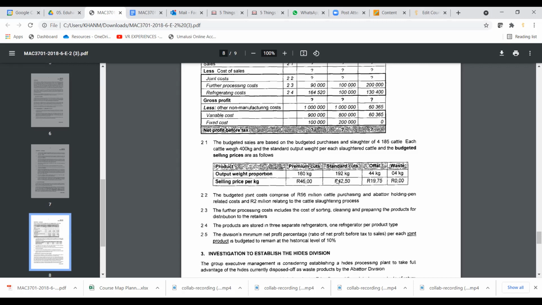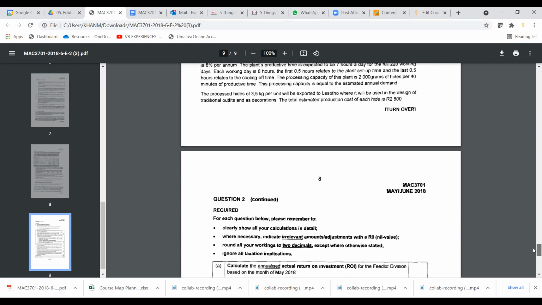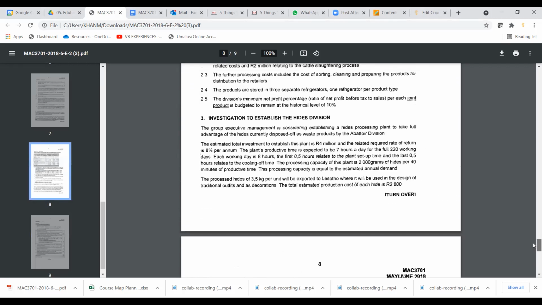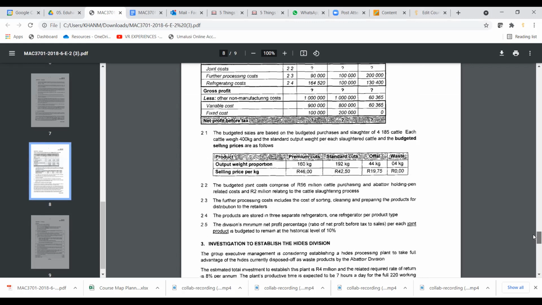They didn't tell us the constant gross profit margin, so we're going to have to figure it out. Once we do, we can allocate the joint costs. So let's do this.